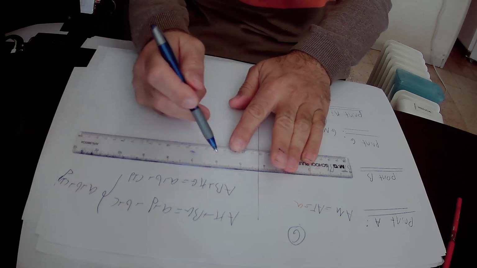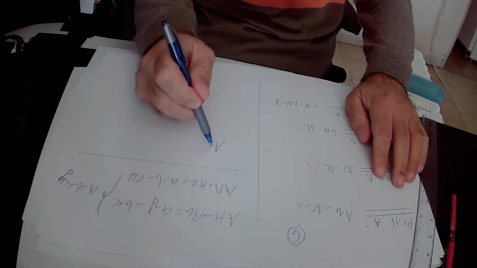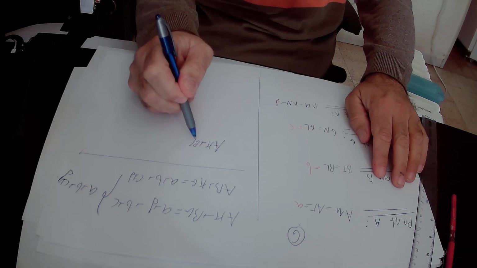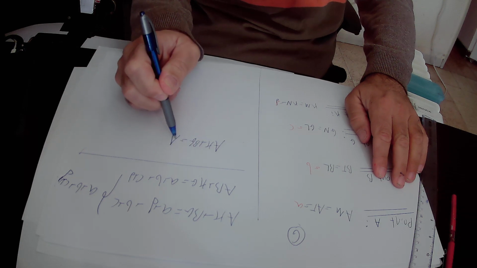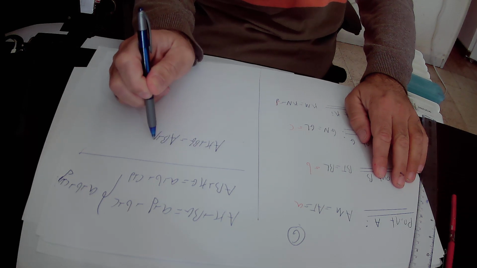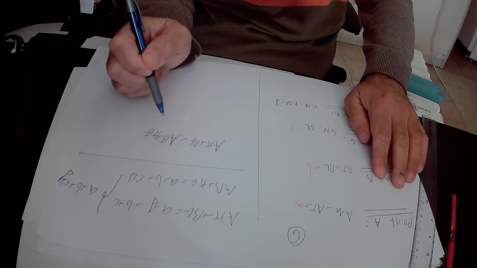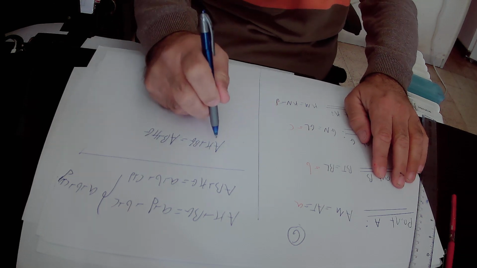So you can write down that AK plus BG is equal to AB plus KG.